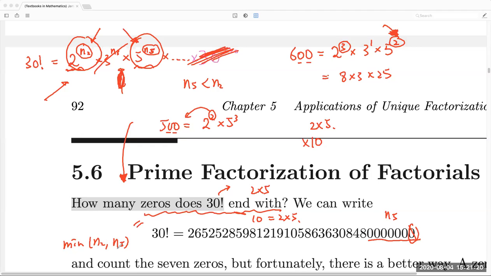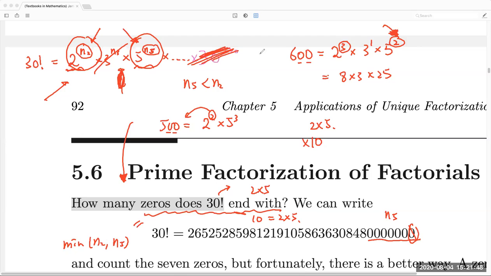The smaller value of n2 or n5. No question?